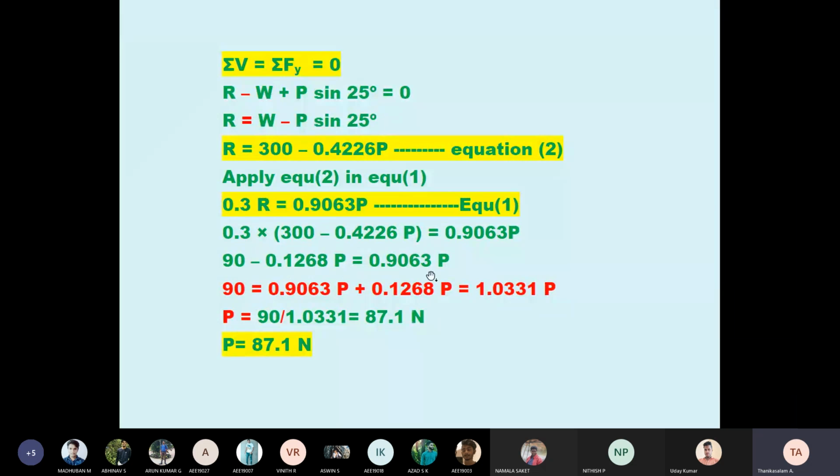Left side P, right side P, so adding them, 0.9063 P plus 0.1268 P gives 1.0331 P. Therefore P equals 90 divided by 1.0331. The final answer is 87.1. Simple, no?